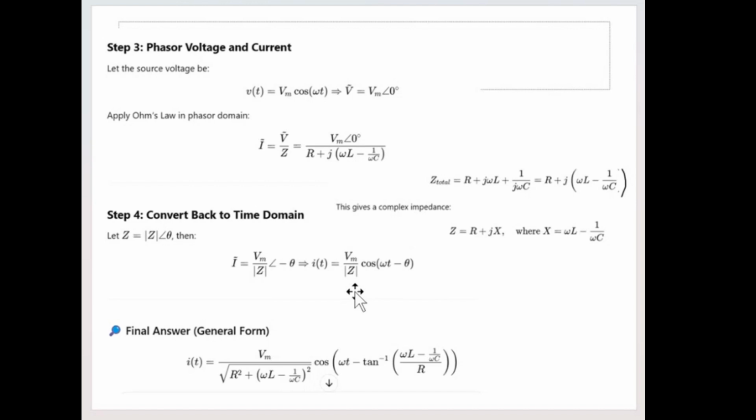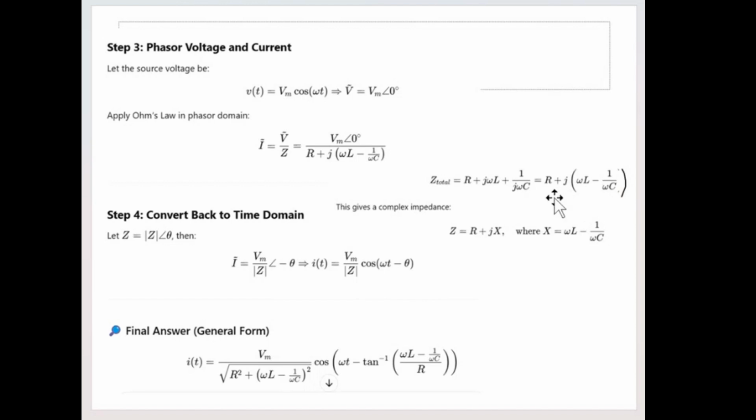Now, if you want to actually calculate this magnitude of Z and theta, that's straightforward. You can obtain it based on the total impedance function that we have here.